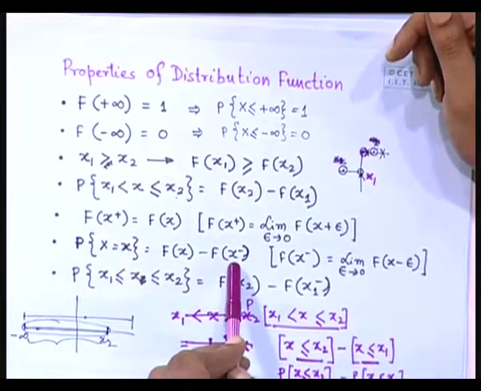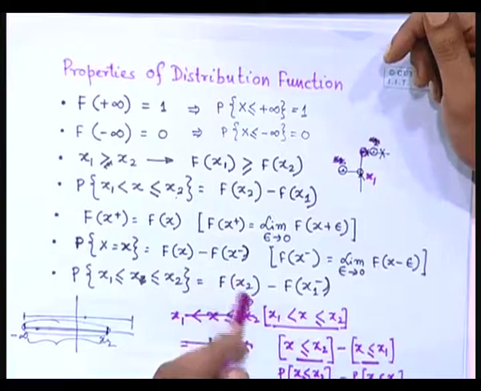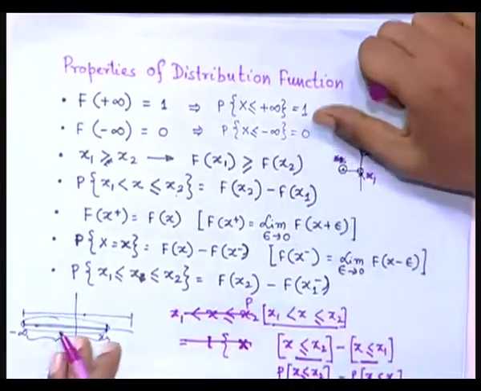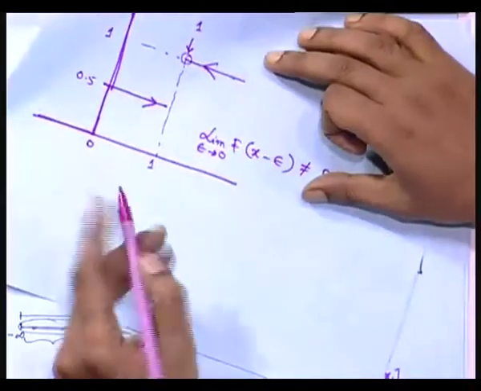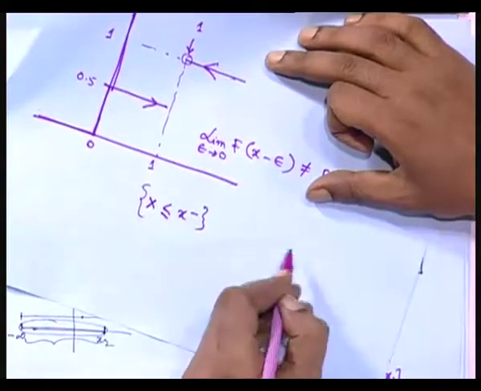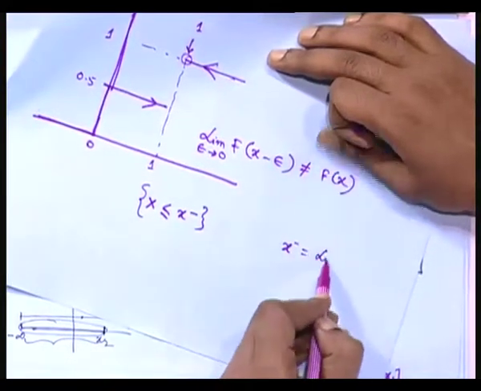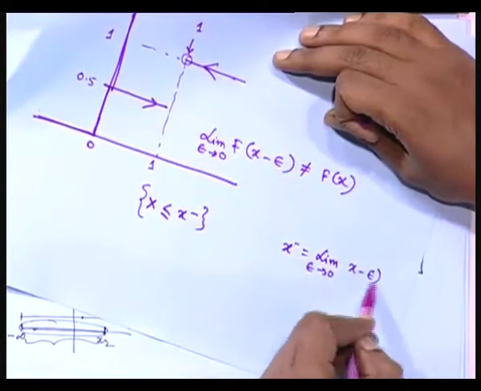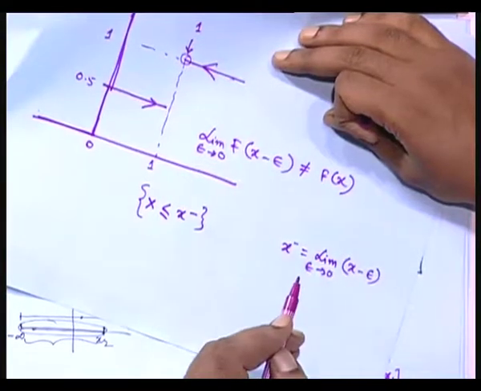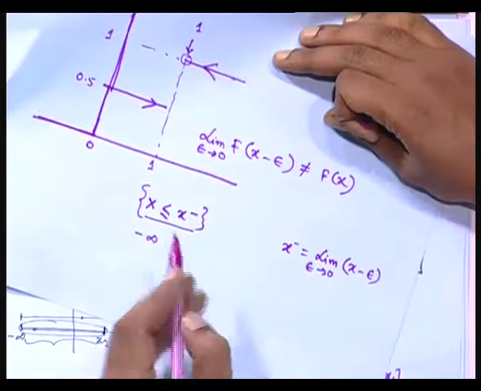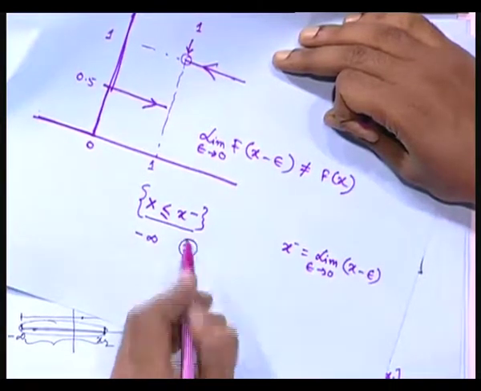It is f(x) minus f(x minus), because f(x minus) is the set X less than or equal to x minus, where x minus is the limit of epsilon tending to 0 of x minus epsilon, which is the set of all points from minus infinity to x, but leaving out the point x.